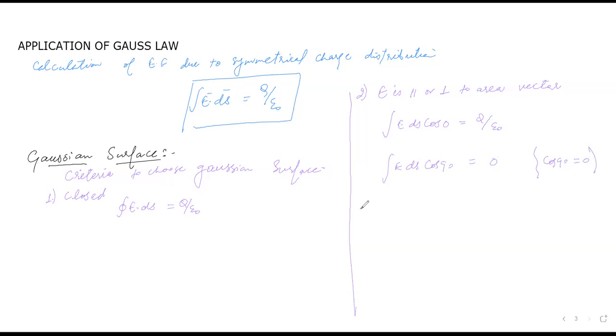The last point is E, in the sense electric field, should be uniform. The electric field should be uniform throughout the Gaussian surface.